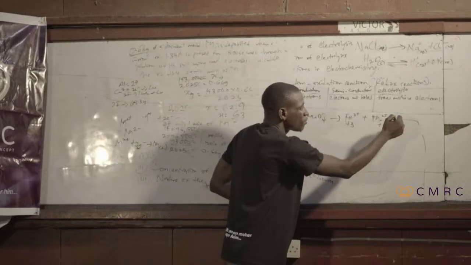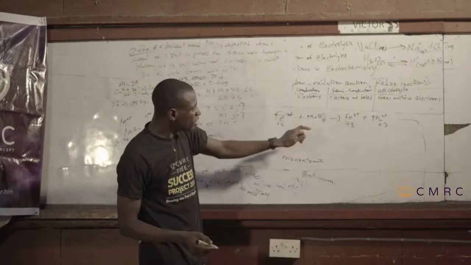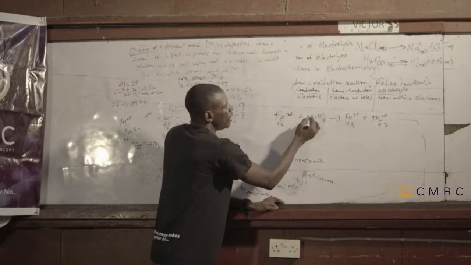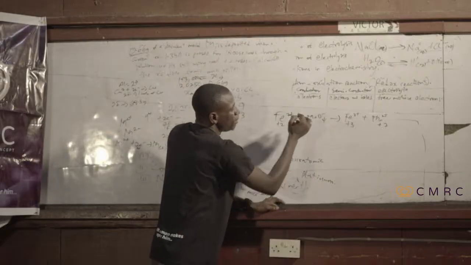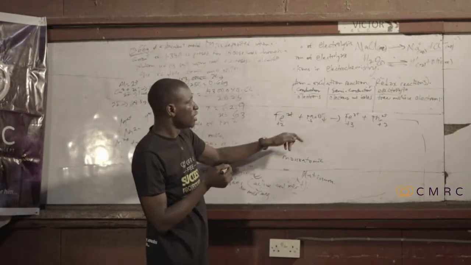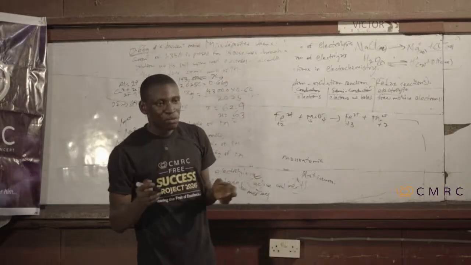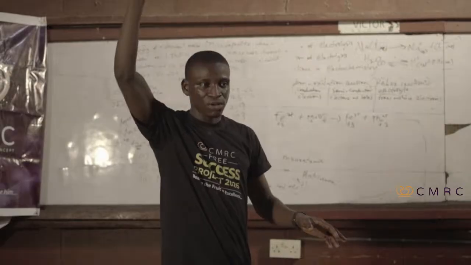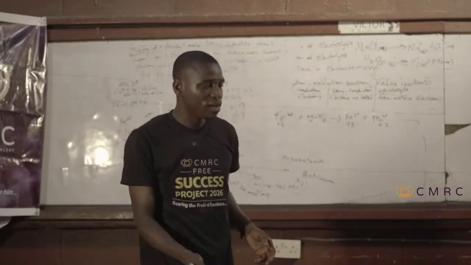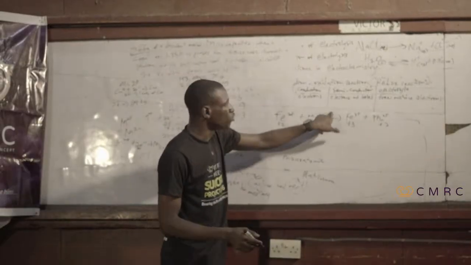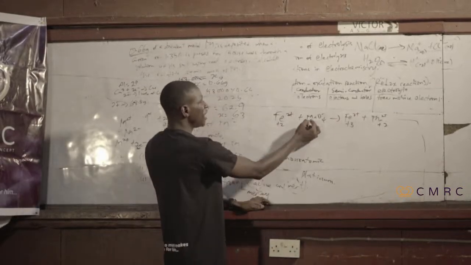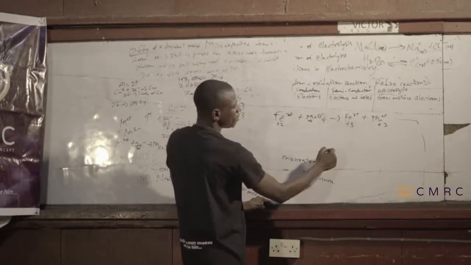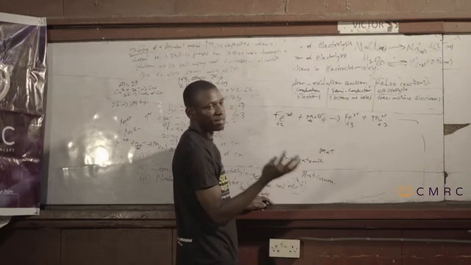Now, manganese is what we are concerned about here. So let's calculate the oxidation number of manganese. If you have an ion, whether monoatomic or polyatomic, the sum of all the oxidation numbers inside will be equal to the charge on top. So everything here will be equal to minus 1. I want to find that of manganese. So it will be Mn plus, how many oxygen atoms do you have here? 4.